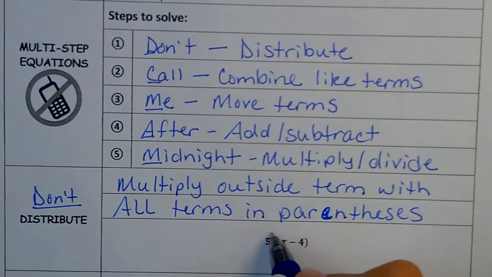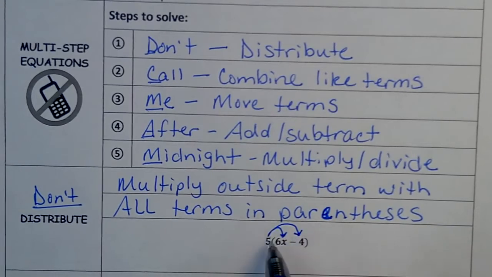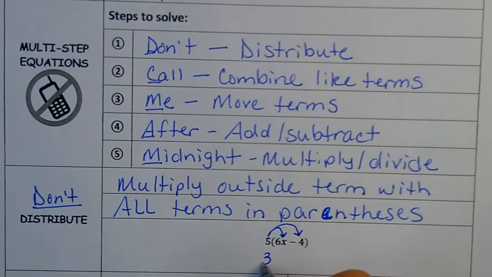Okay, here's our example. So here's our outside term, 5, and I need to multiply it with all of the terms in the parentheses. So 5 times 6x is 30x, and 5 times -4 is -20.